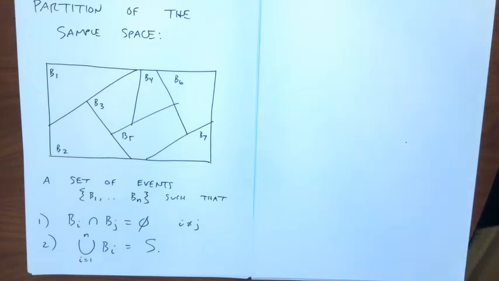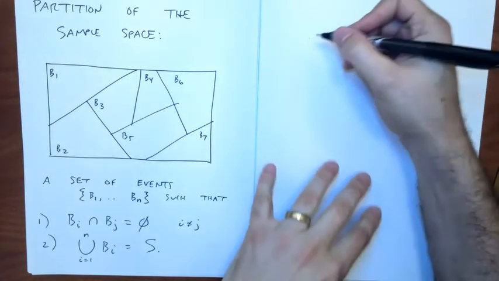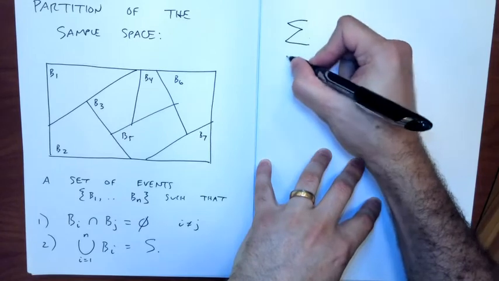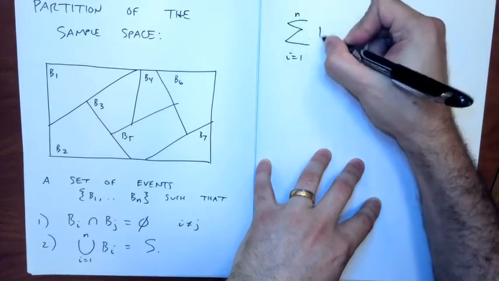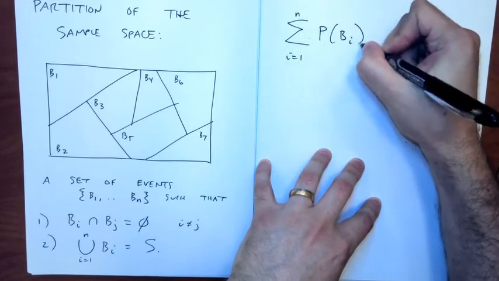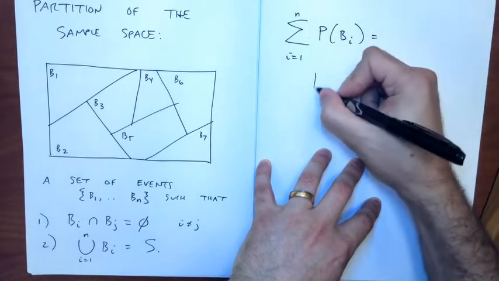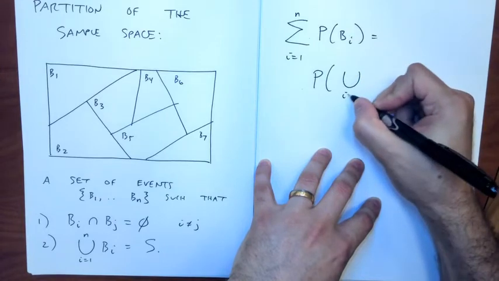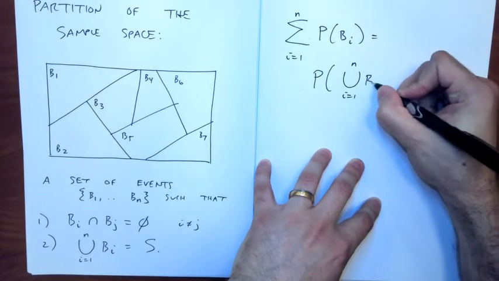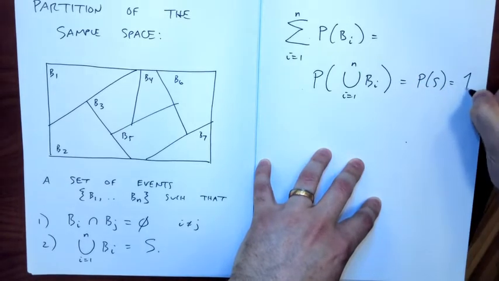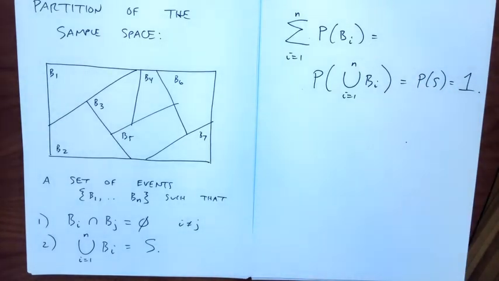Do the lights flicker, or is it just me? So what does that mean? It means that, from our axiom of probability, if I add up the probabilities of all of these events, it's going to be the probability of this union, which is the probability of the sample space, which is 1. Exactly one of these events has to happen, right?